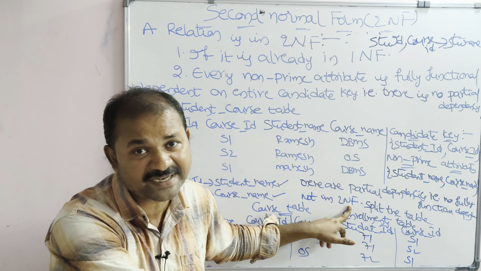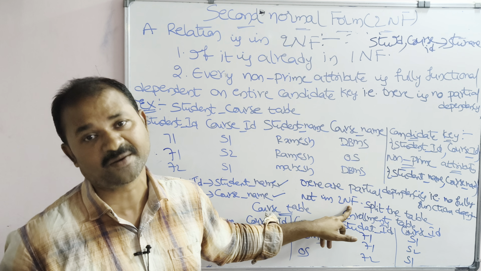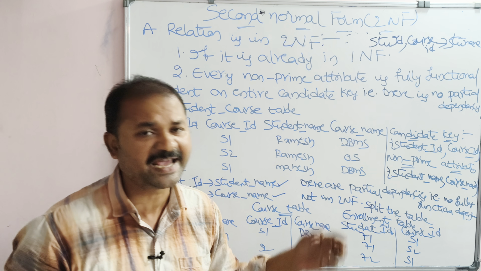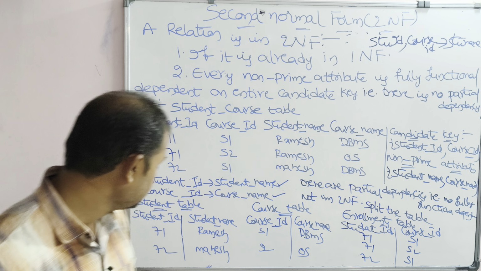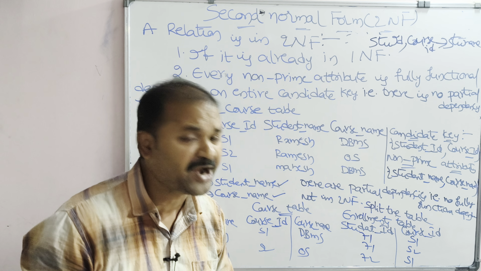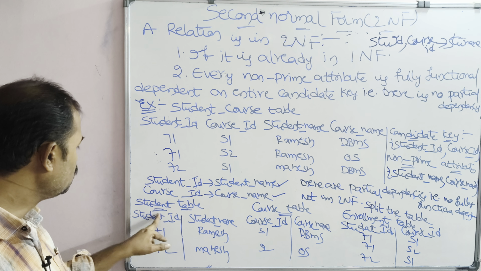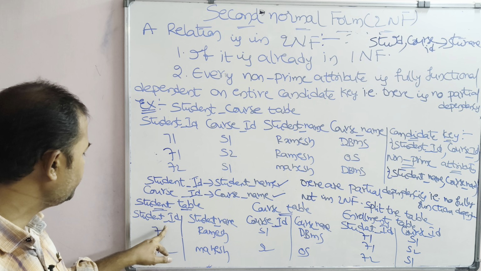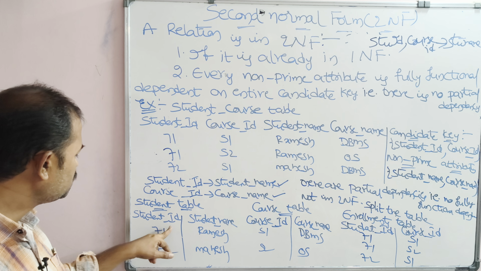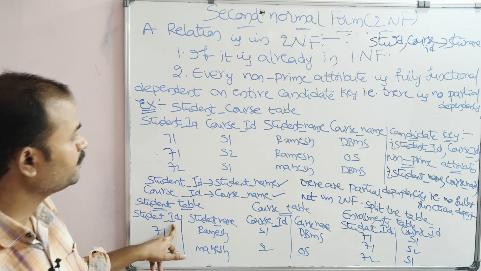We have to convert this table into second normal form. For that purpose, we have to split this table into three tables: student table, course table, and enrollments table. The student table contains two attributes: student ID and student name. The student ID is the primary key.